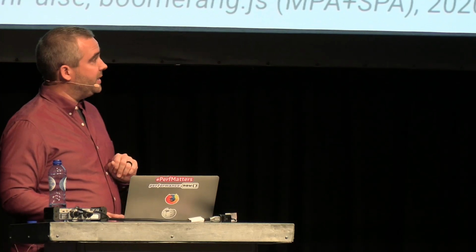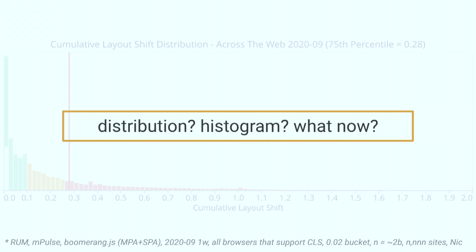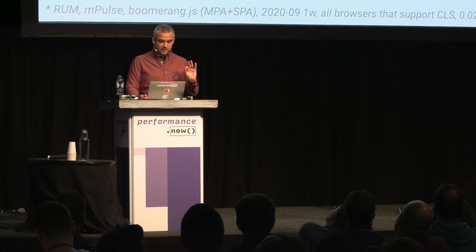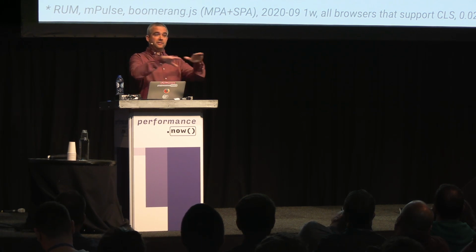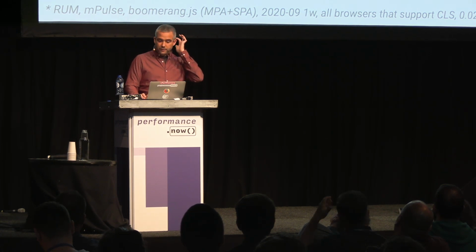This is a histogram, a distribution of all of the cumulative layout shifts we see across all of our customers. So what is this? How do you interpret this? For those that understand this, please bear with me a second. I just want to cover some basics. On the x-axis, on the bottom axis, we have a scale from 0 to 2. The width of the bucket, the width of the vertical lines, is about 0.02 CLS wide.